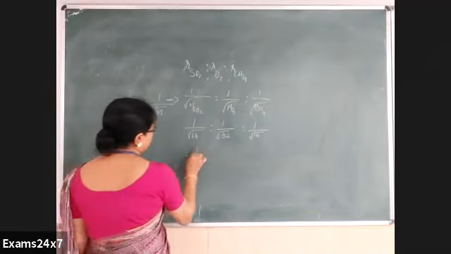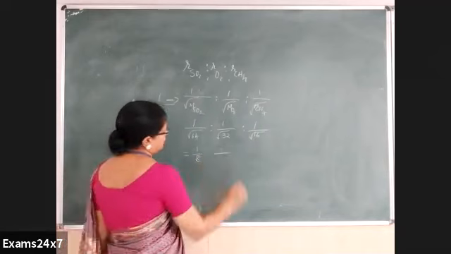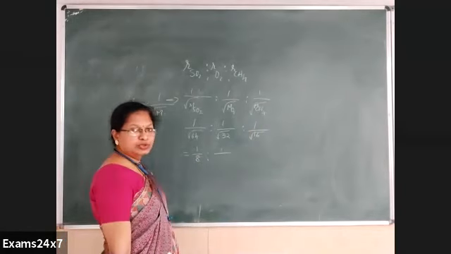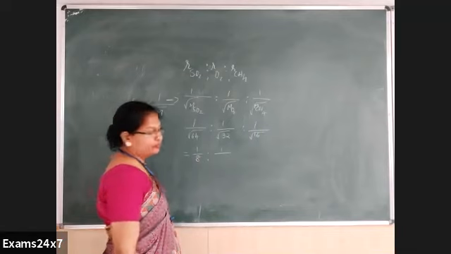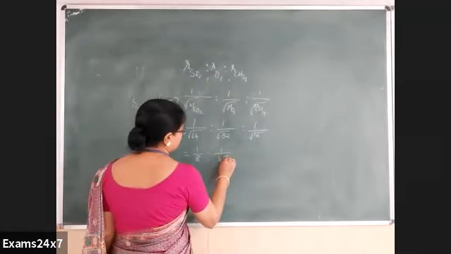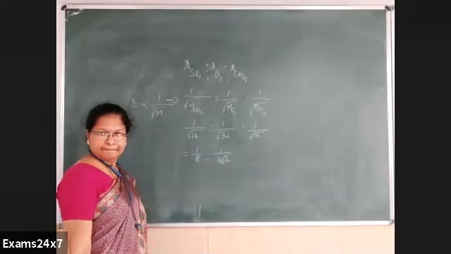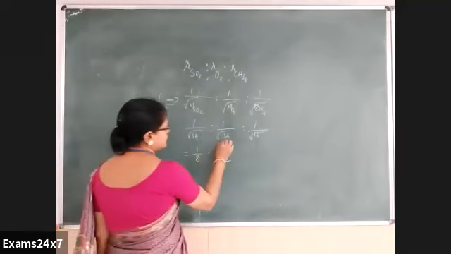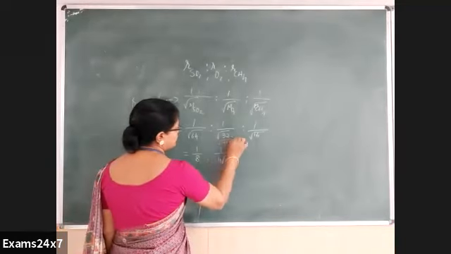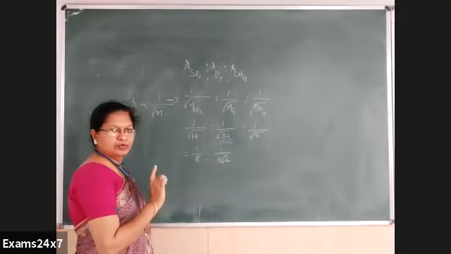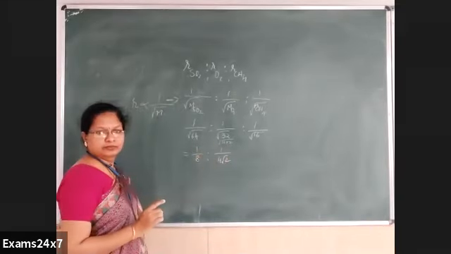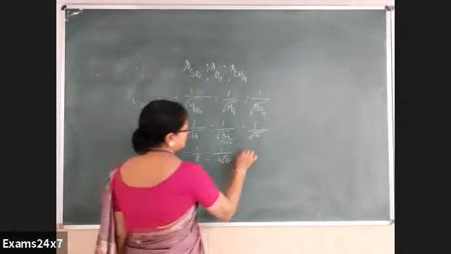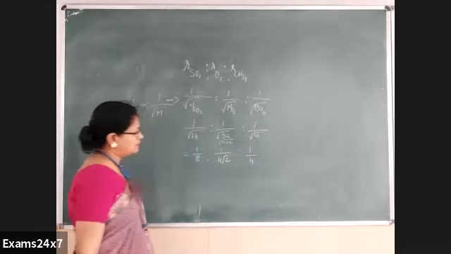This is 1 by 8 is to 1 by, that will be 16 into 2, 1 by square root of 16 into 2, right? Isn't it? 16 square root is 4, so 4 root 2, is to 1 by 4.